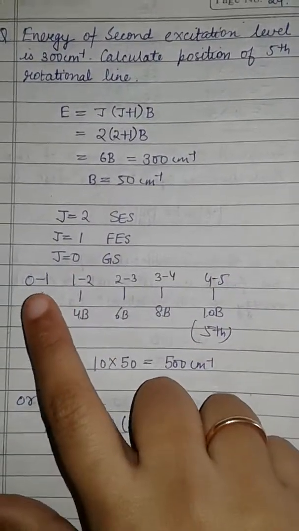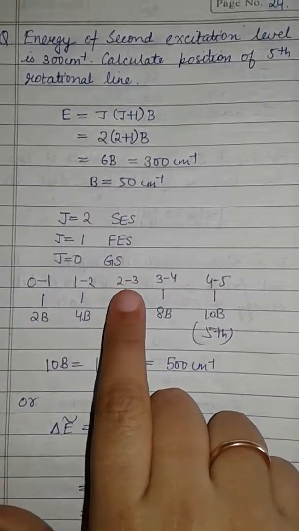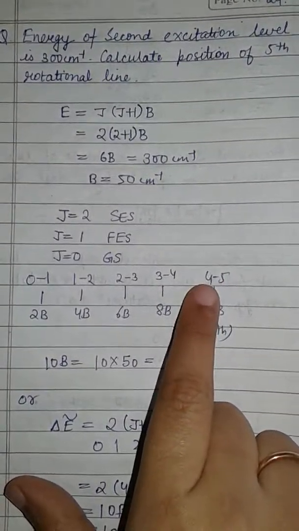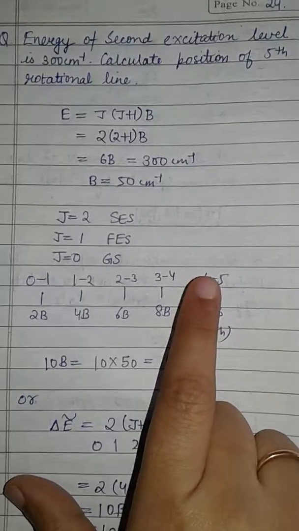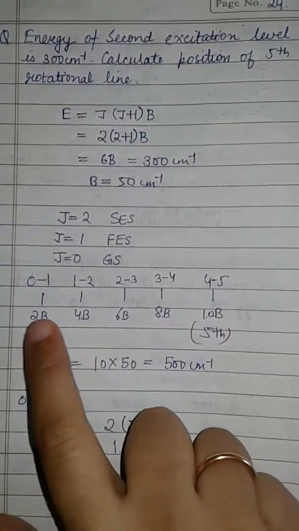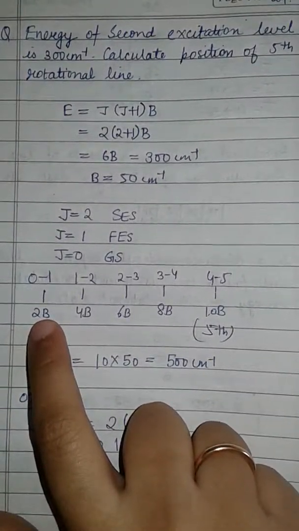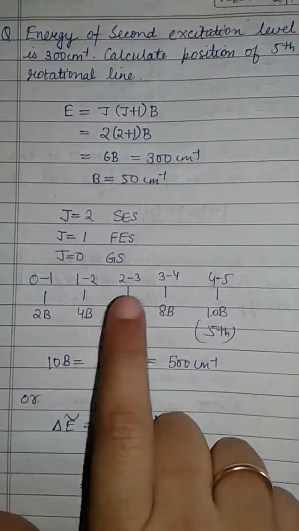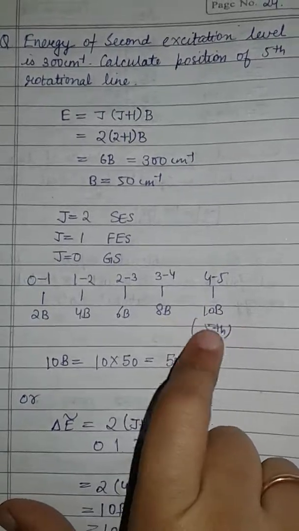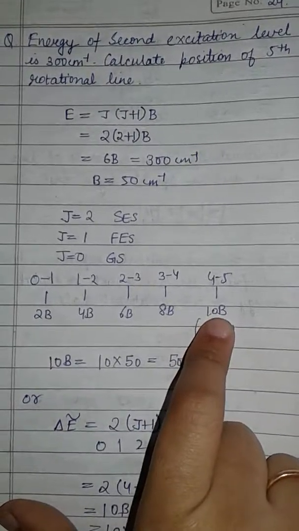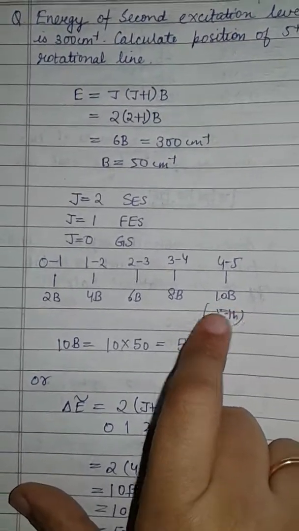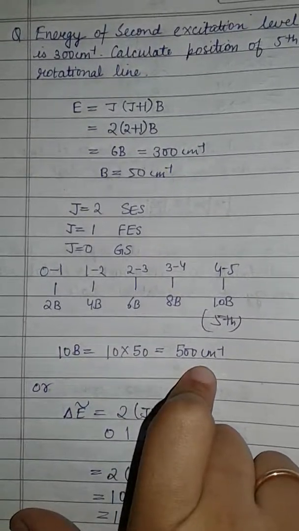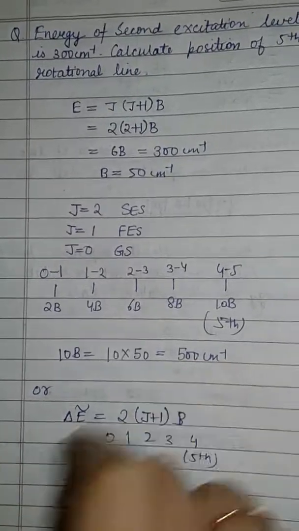For the fifth rotational line, the transition is from J equals 4 to J equals 5, and we know that the delta E values for each line are 2B, 4B, 6B, 8B and 10B. So for the fifth rotational line, we can directly calculate 10B if you remember it. The B value is 50, so the delta E value will be 500 centimeter inverse.